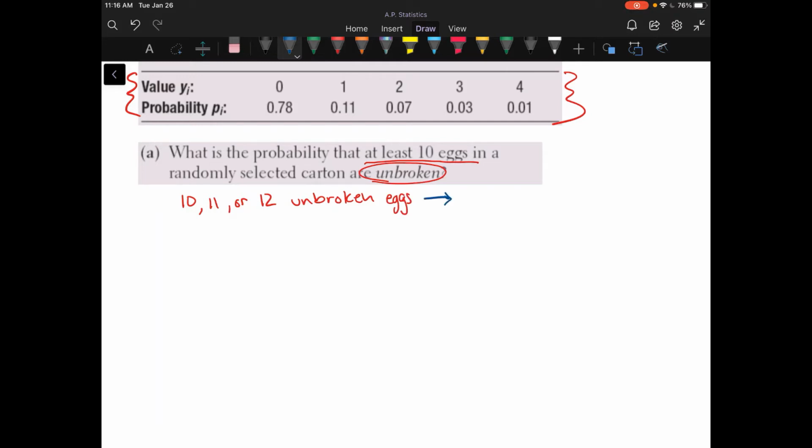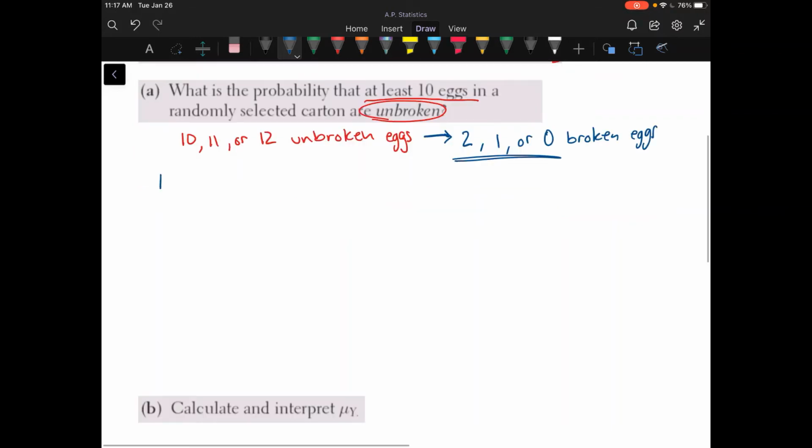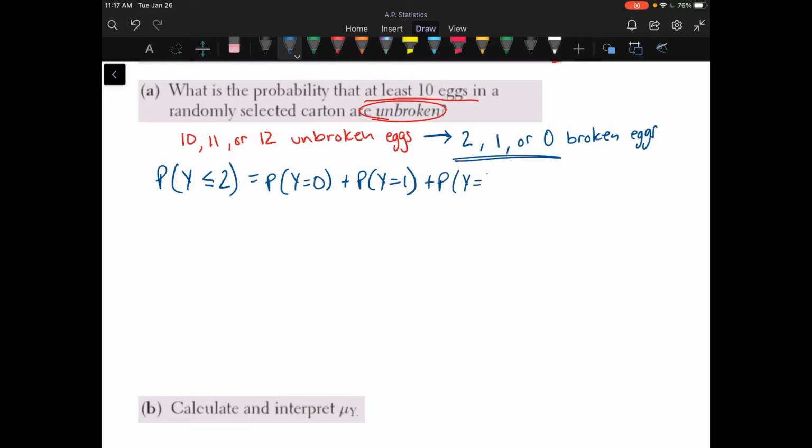which also means I can have 2, 1, or 0 broken eggs, right? This relates to my probability distribution that I have for y, because y represents broken eggs. So the probability of y being less than or equal to 2 equals the probability of y equaling 0 plus probability of y equaling 1 plus probability of y equaling 2, right?